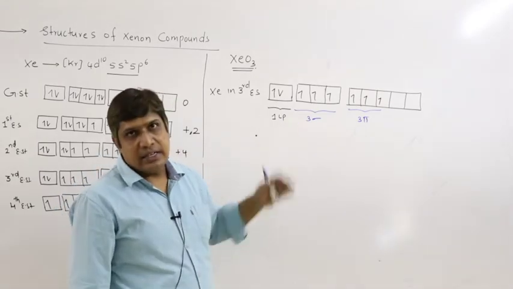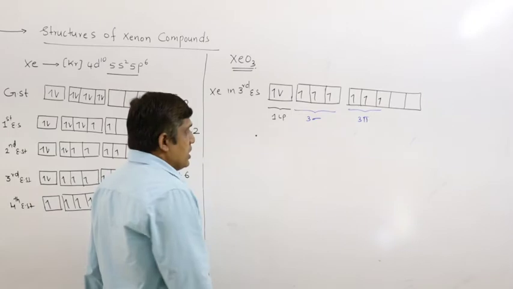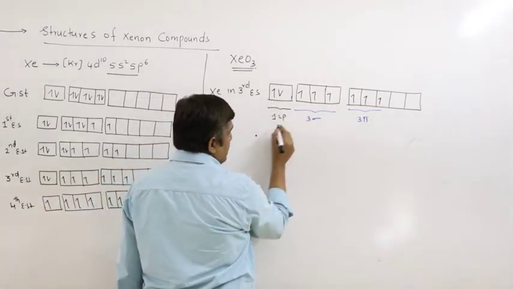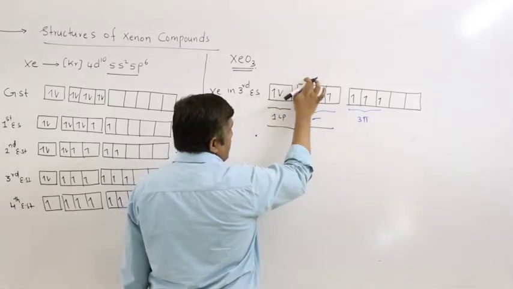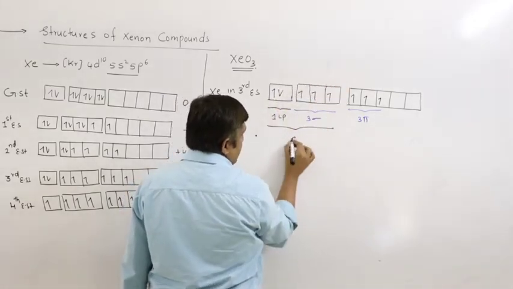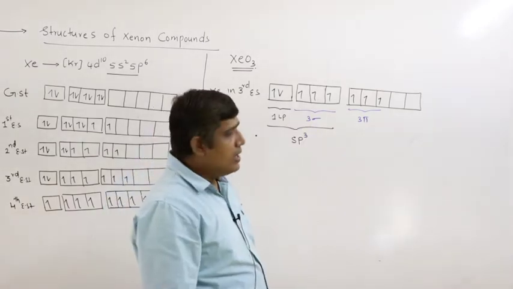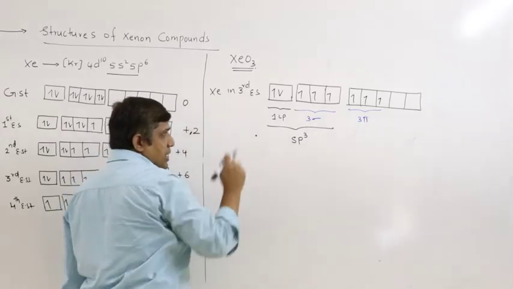So we do not consider the pi electrons in hybridization. So here one lone pair, 3 bond pairs. Therefore, the hybridization becomes s, Px, Py, Pz, sp3 hybridization. So the central atom xenon undergoes sp3 hybridization.